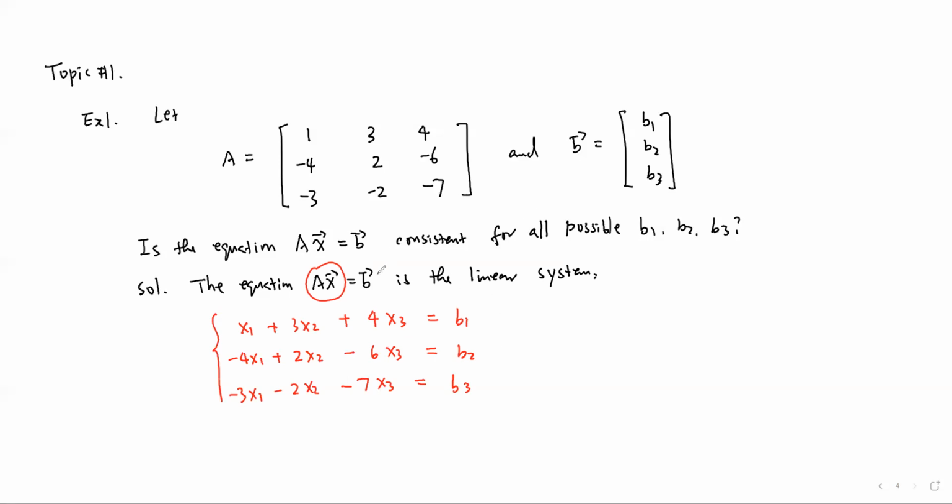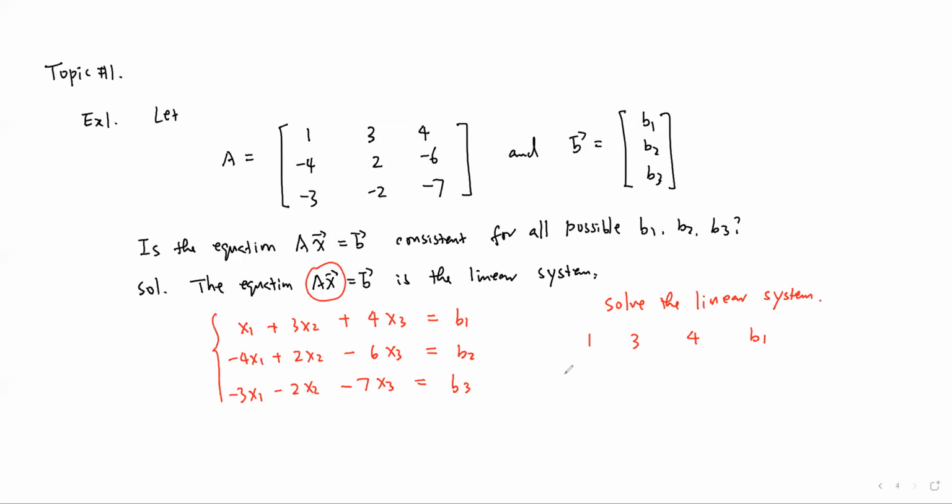Now, to answer whether the linear system is consistent for all possible B, solve the linear system. How to solve? Augmented matrix. Coefficient matrix, actually, the coefficient matrix is matrix A. Then the right hand side.